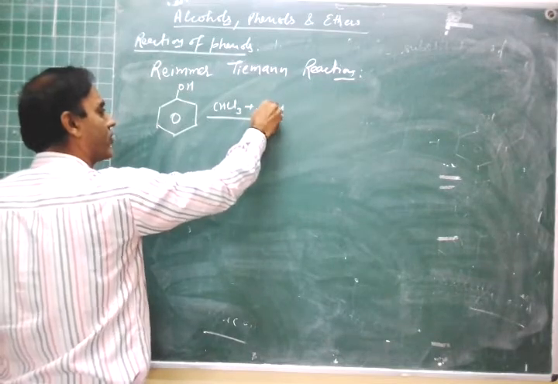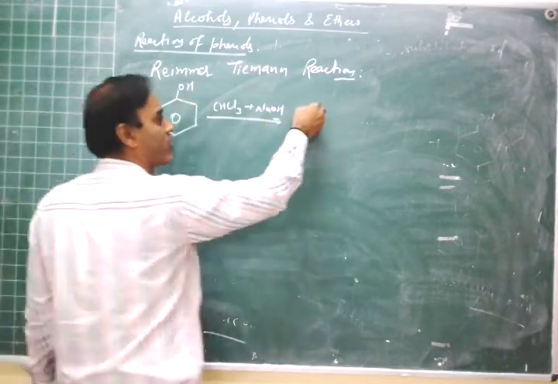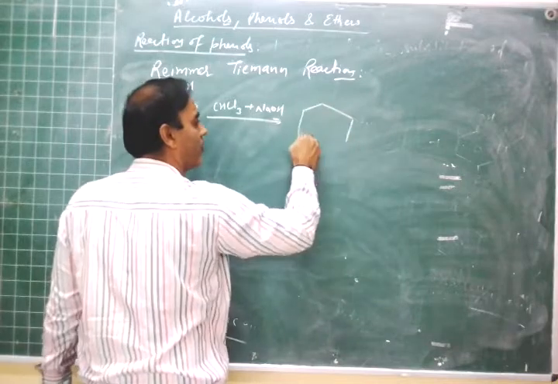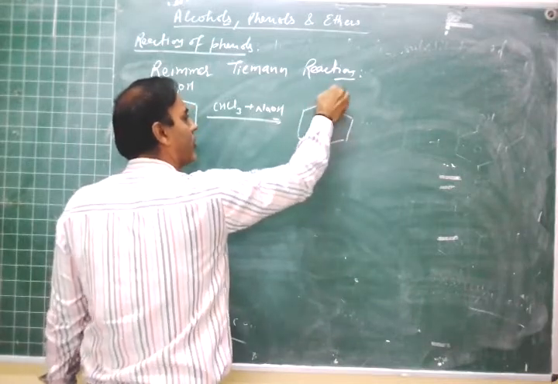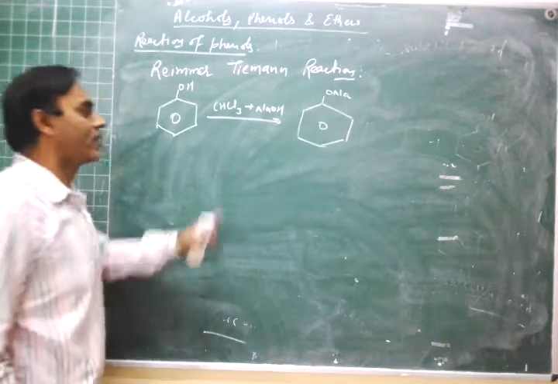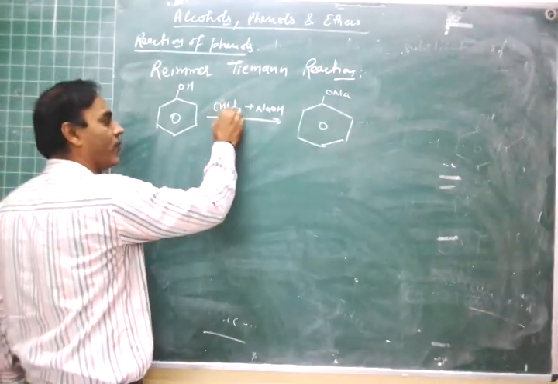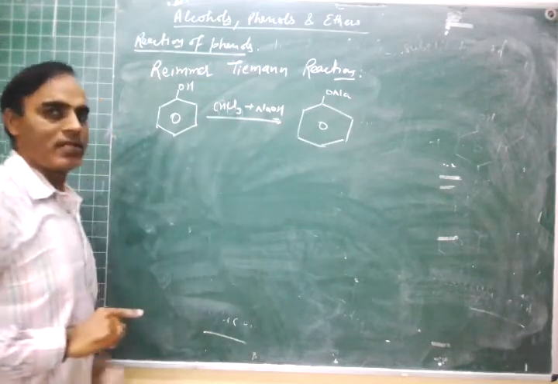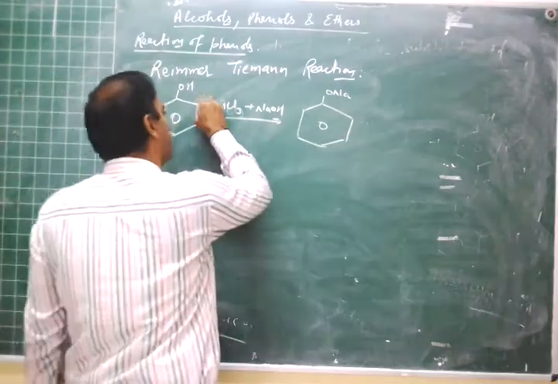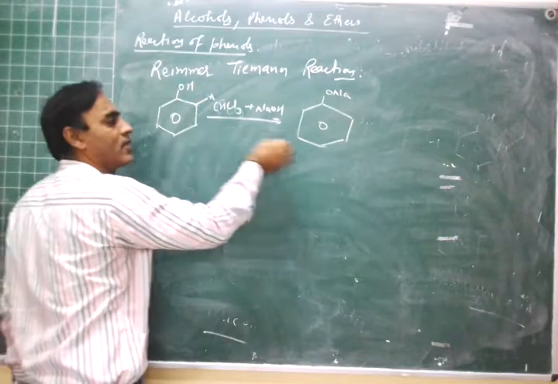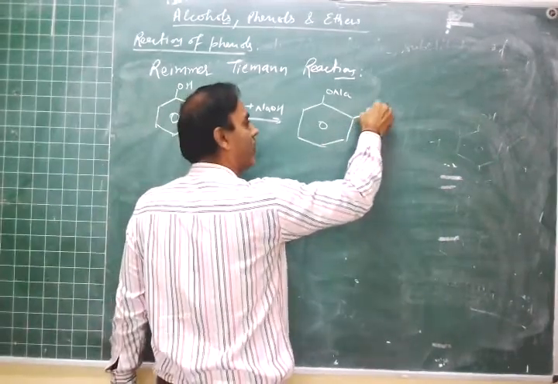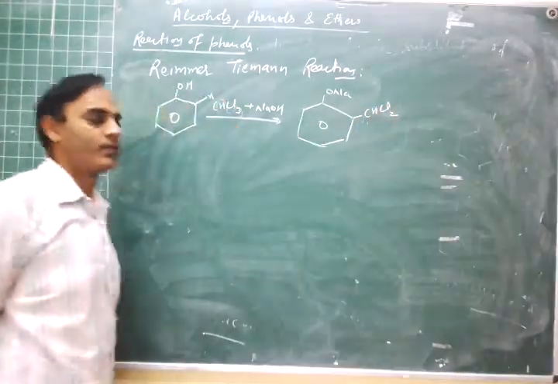Now NaOH, first of all, converts phenol to phenoxide ion, that is, sodium phenoxide. Sodium phenoxide is formed, and then this CHCl3 loses one HCl from here, and what is left is CCl2. Then between this carbon and hydrogen, CCl2 comes, and it will then be CHCl2, right?